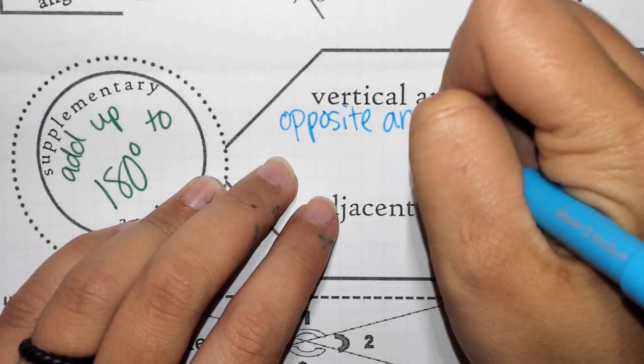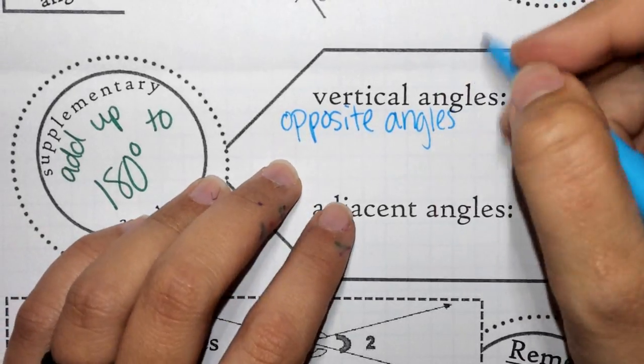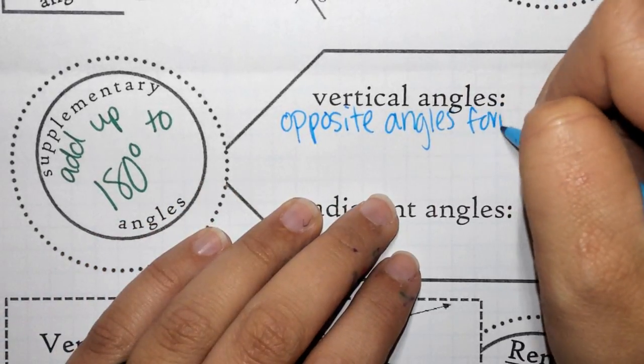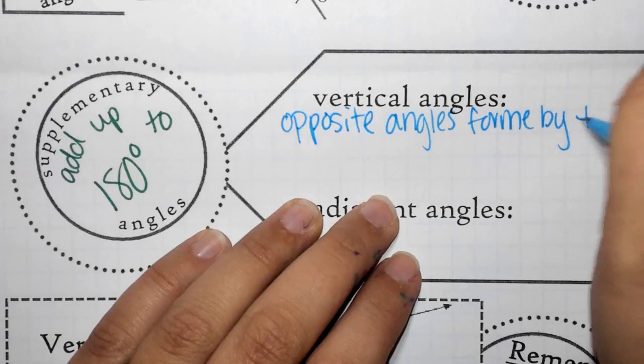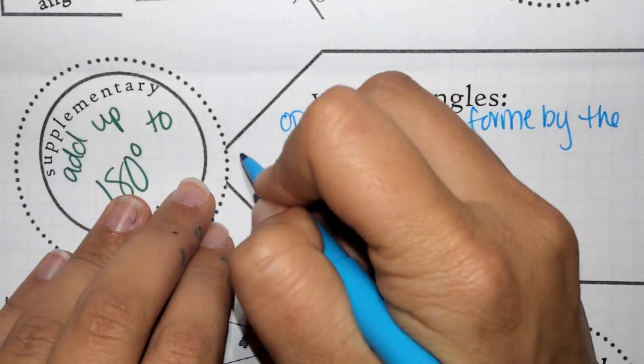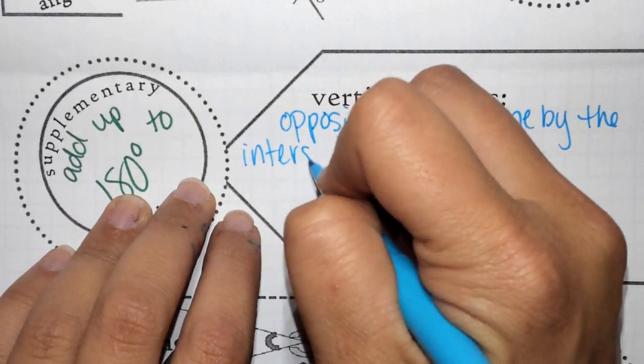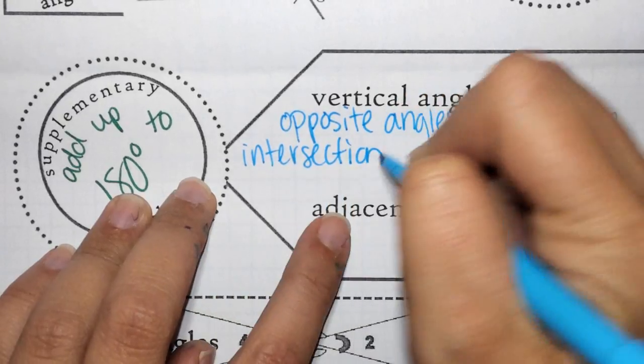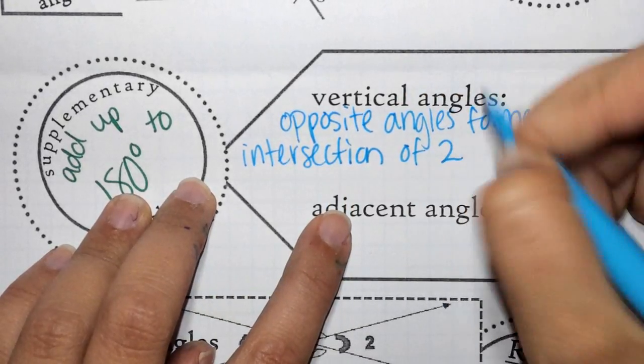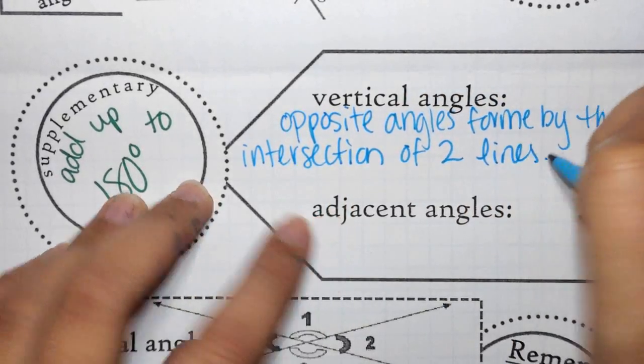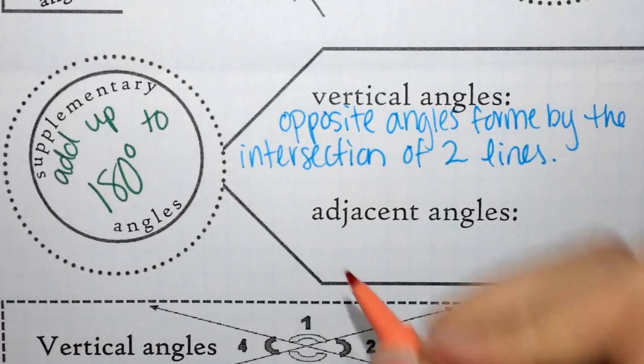Alright, so vertical angles are opposite angles formed by the intersection of two lines. Are they congruent? Yes.